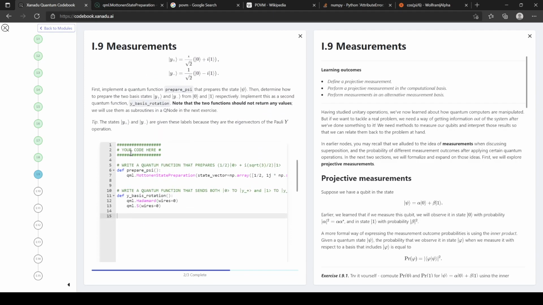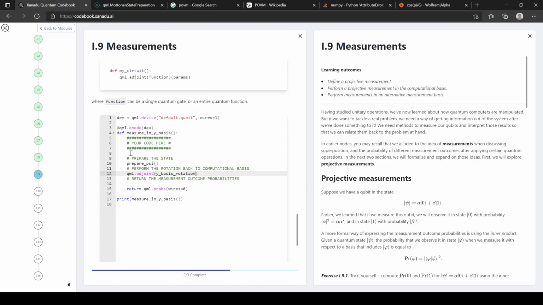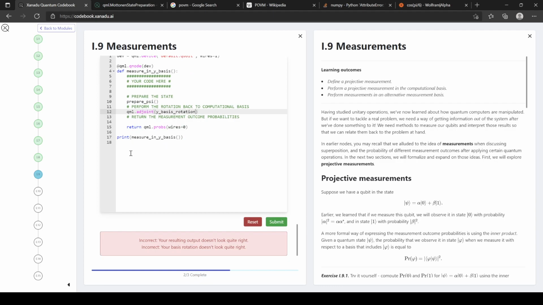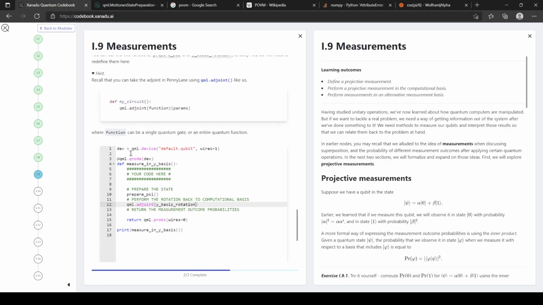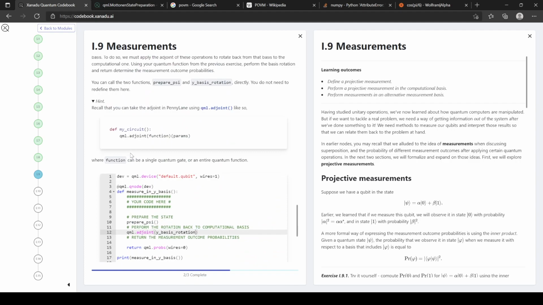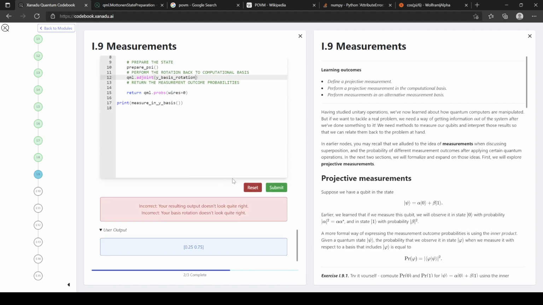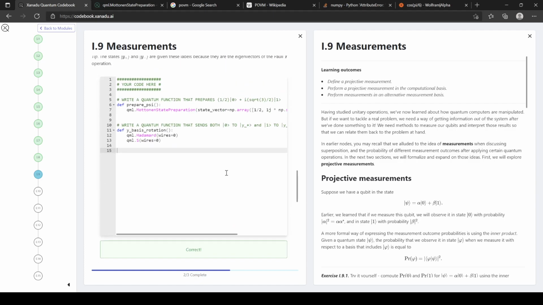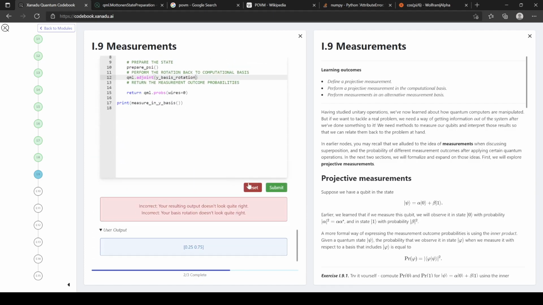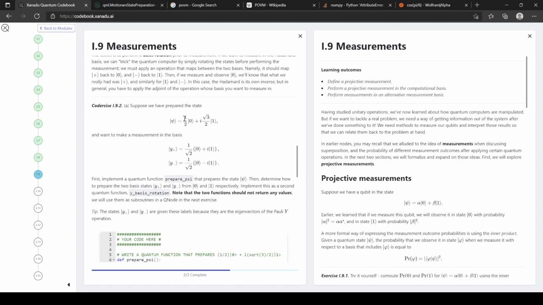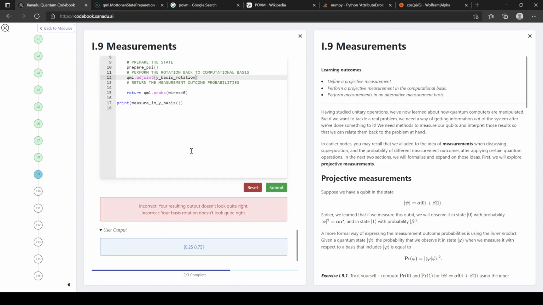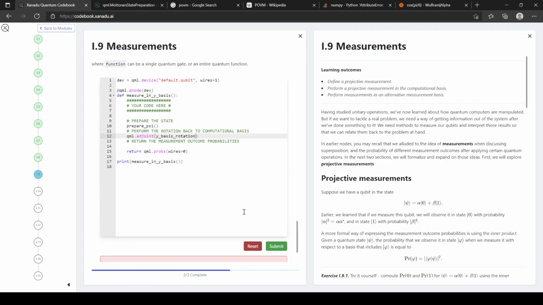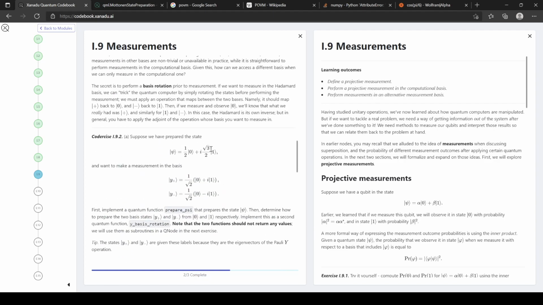So we prepared a state. This seems right because the measurement is 0.25, which is 1/2 squared, and then 0.75, which is square root of 3 over 2 squared, because that's then 3/4.